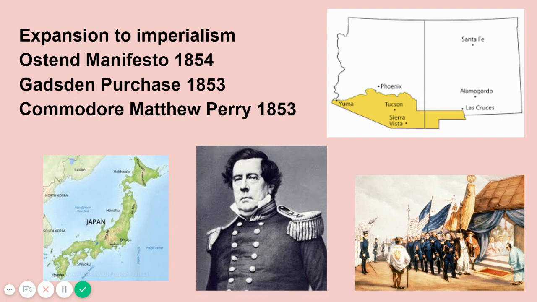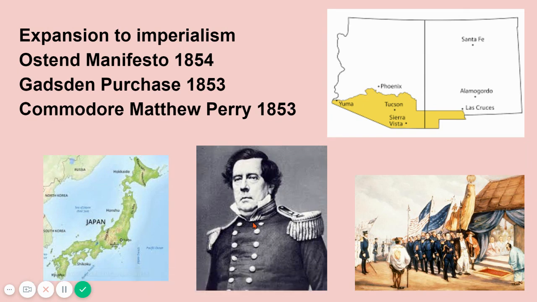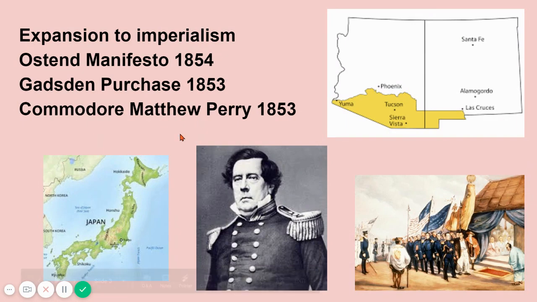In 1853, we sent Commodore Matthew Perry. And really, it was a forced negotiation, as we see right here. A forced negotiation with Japan to allow our merchant ships to trade and gain supplies in Japan.